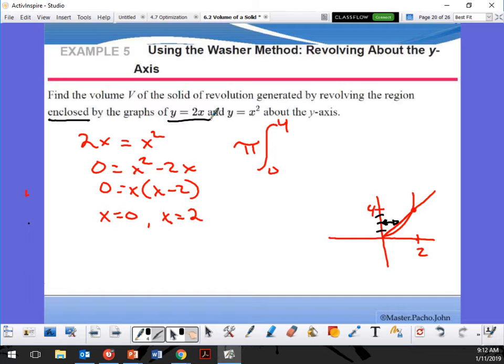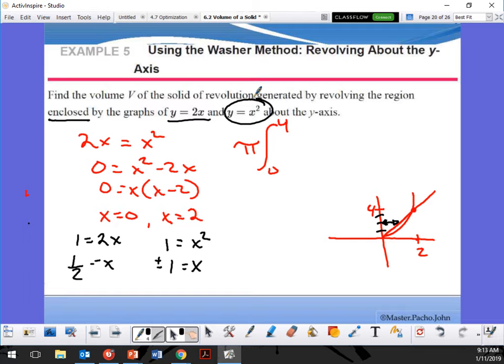For this one, if y equals 1, then 1 equals 2x, so x is 1/2. Do the same thing over here: 1 equals x squared, so x equals plus or minus the square root of 1, which is plus or minus 1. But for the part of my function I'm dealing with, it's in quadrant 1, so that's 1. The greater one is this one, so it's my function on top.